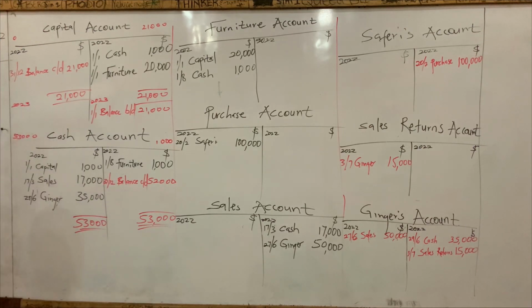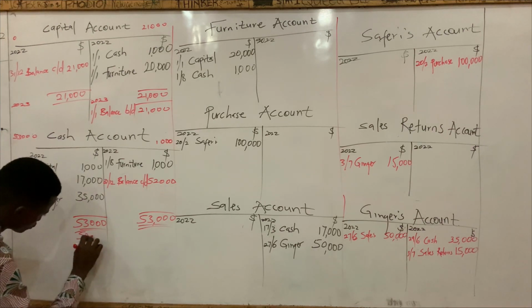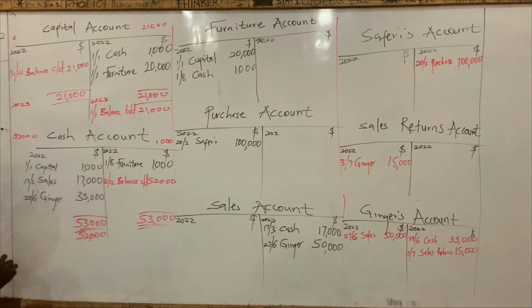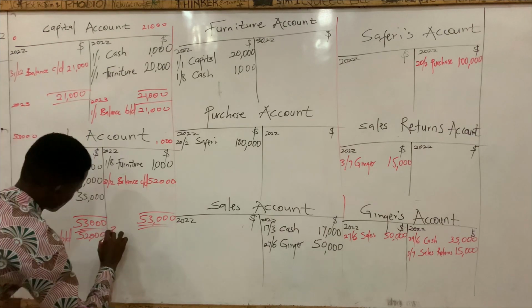So this same difference will be sent to the opposite side after the total, and it will be called balance brought down, to be dated as 2023 1st January.